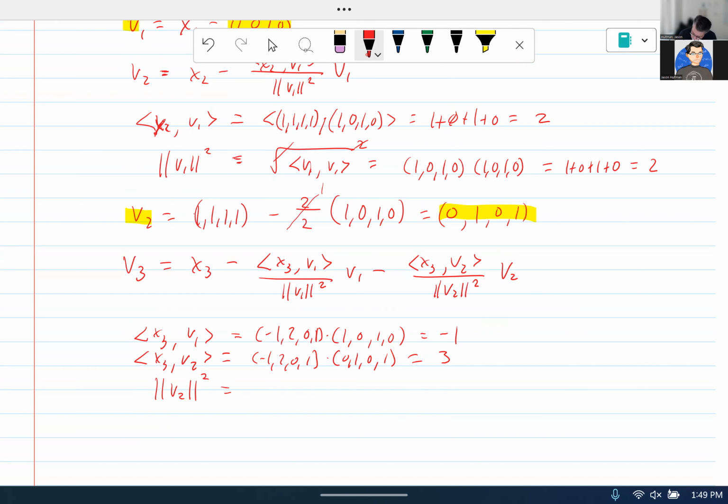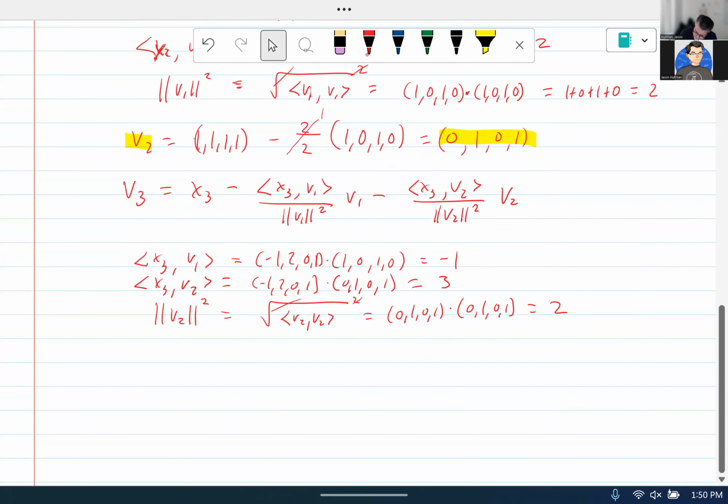That's equal to the square root of v2 dotted with v2, 0, 1, 0, 1 dotted with 0, 1, 0, 1, which again, the squared and square root cancel out, and that just becomes 2 again.